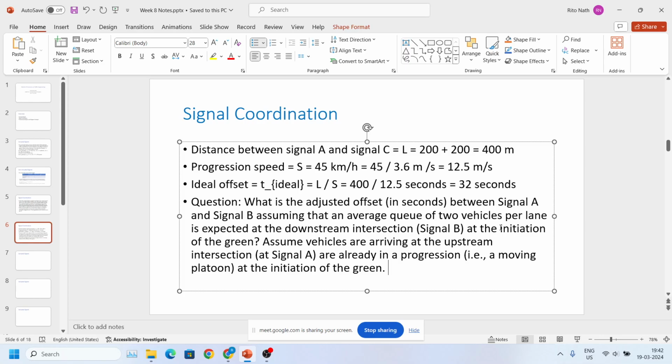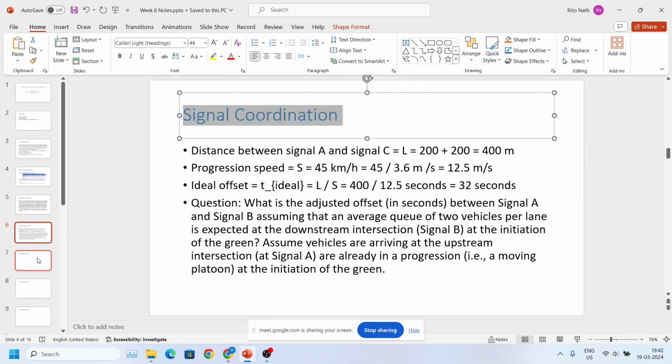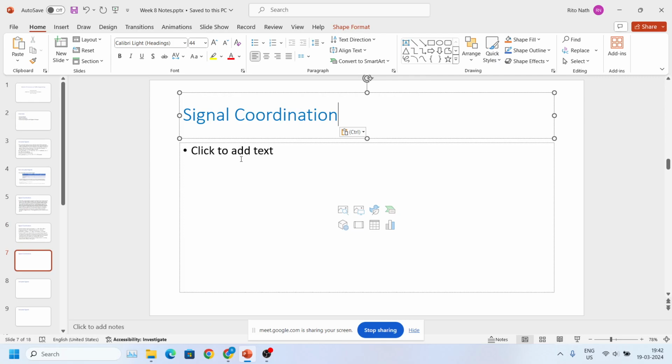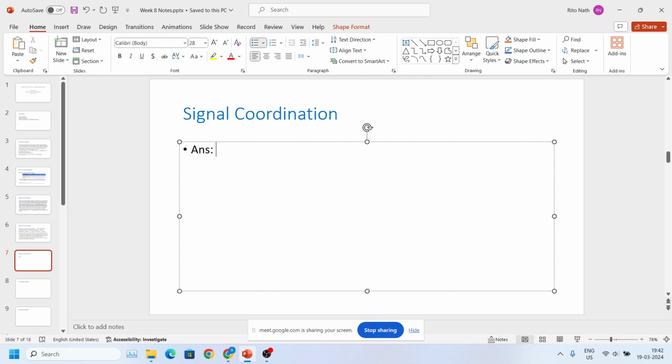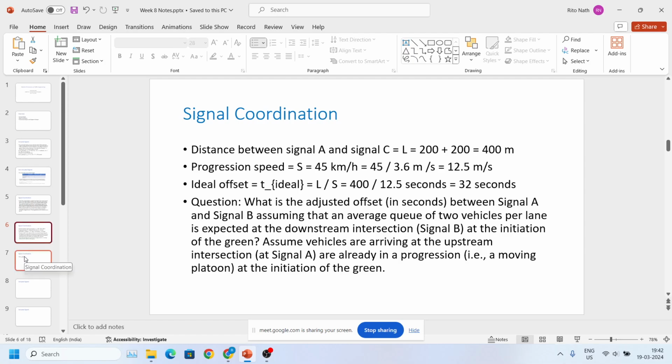So that value is also given to you. So the rest is just application of the formula. I think one of the questions was also asked in the slides about this, and it was pretty straightforward. I think this is from the slide itself. Okay, so let me solve it in the next slide. So you have this T adjusted, or this adjusted offset.